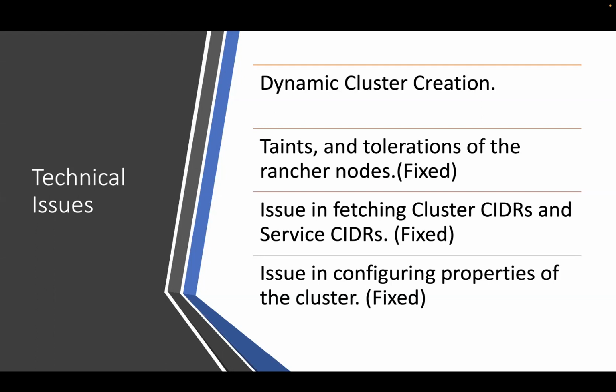They also have to be applied in a different manner from the Rancher agent, so that they are in a working state. So these were a few of the technical issues that we faced. A few of them were fixed, but dynamic cluster creation is still open, and the issue is with the Rancher community. We haven't heard back from them.